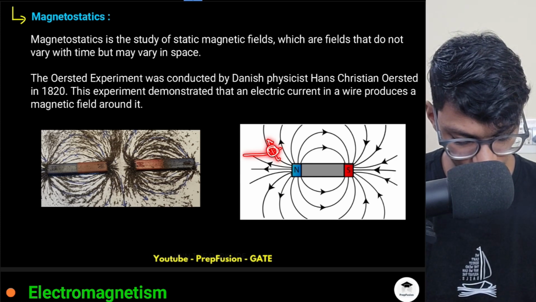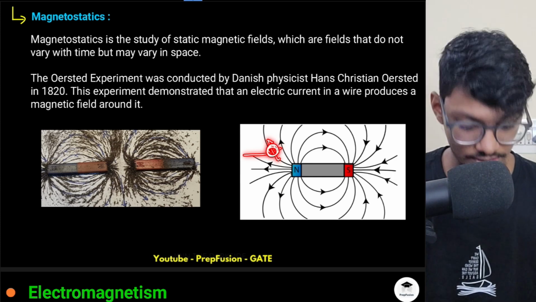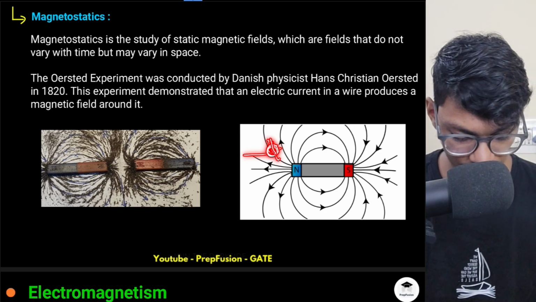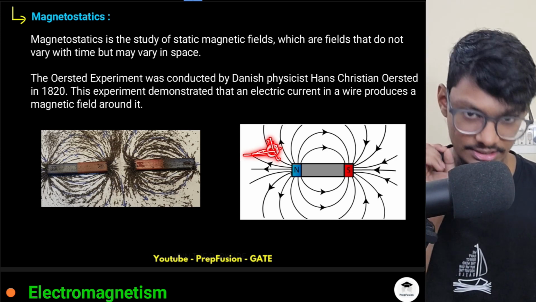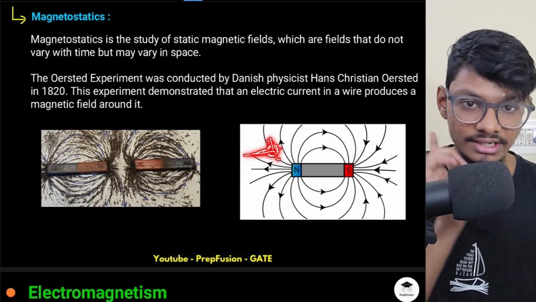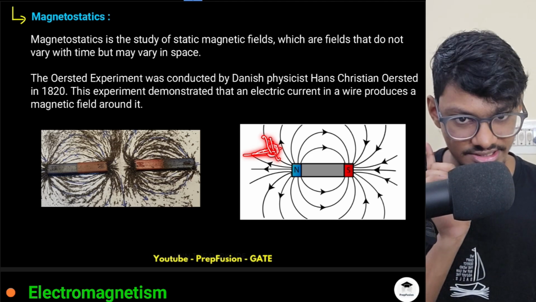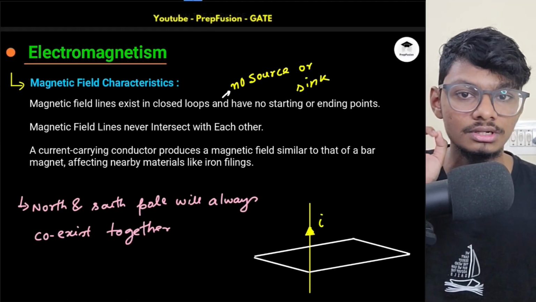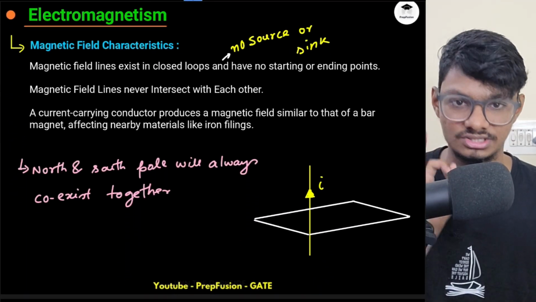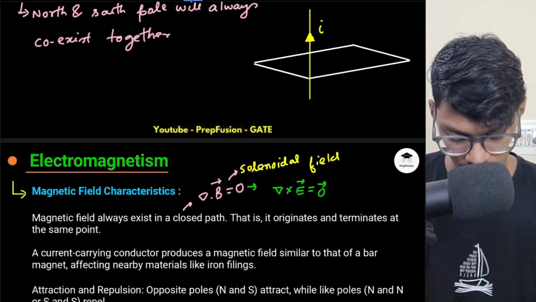At this particular point, I am saying that the magnetic field can point in this direction as well, which is not possible. In a magnetic field, there can be only one direction along its tangent. So obviously there will be only one direction. That's why magnetic field lines will never intersect each other. This is the fundamental property.